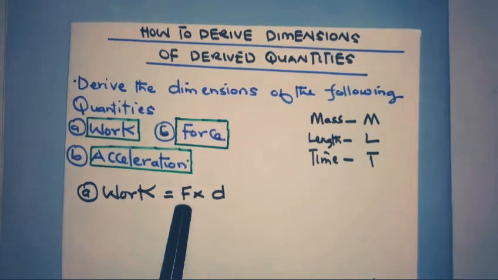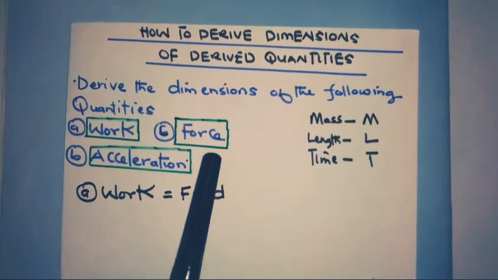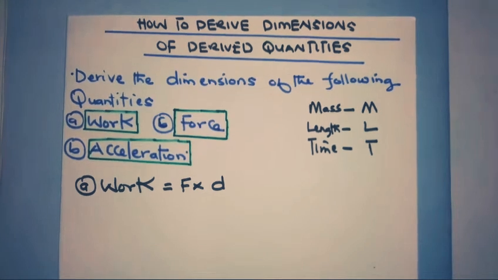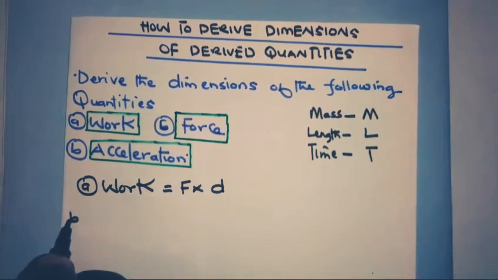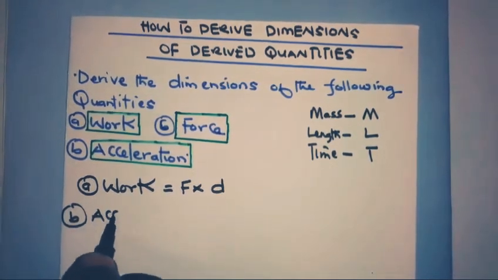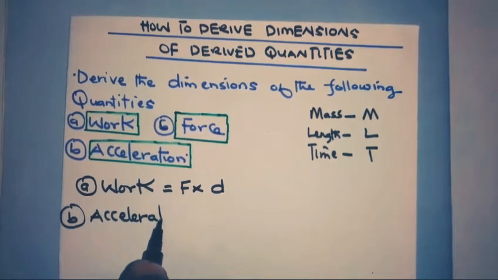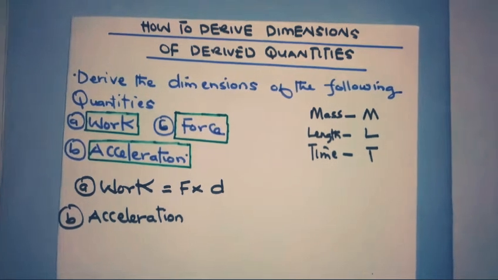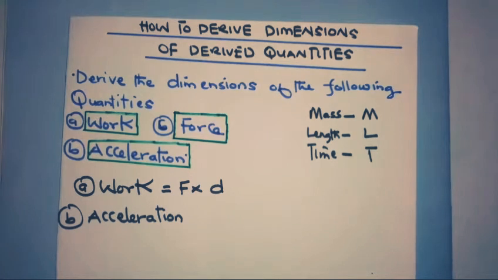But because force is also a derived quantity here, which we're asked itself, I think it's better for us to go first to the B part, which is the acceleration, just for you to be able to understand easier. Now if we get the dimensions for acceleration, then you can get the dimensions for force, and then the dimensions for work done.